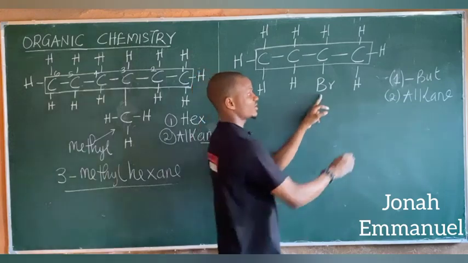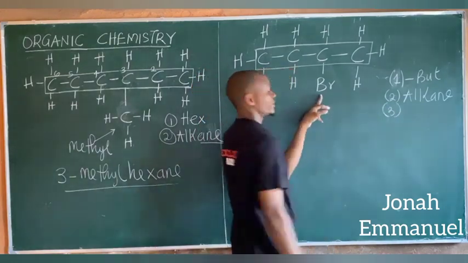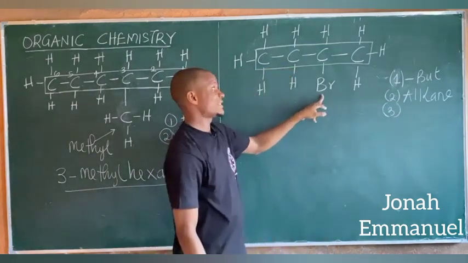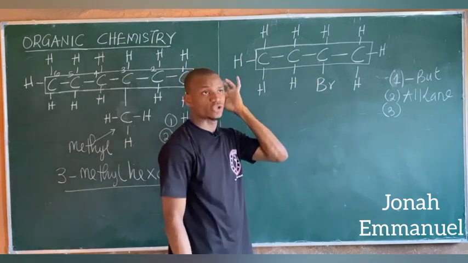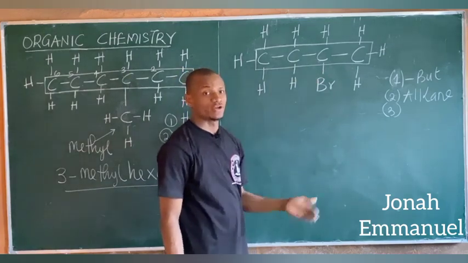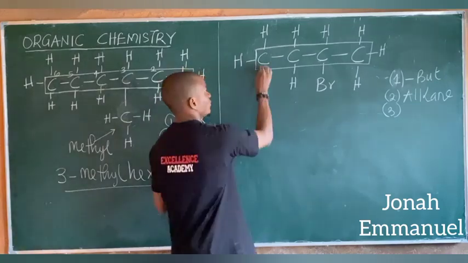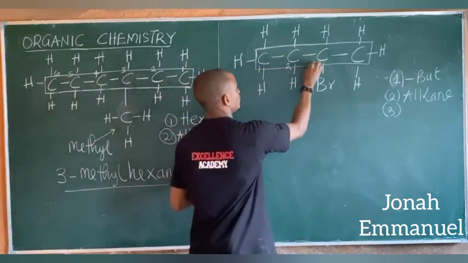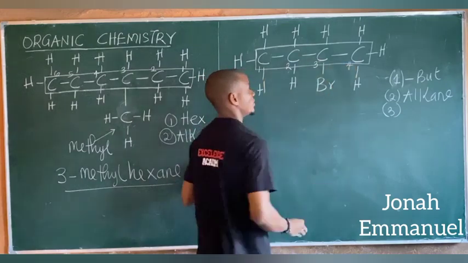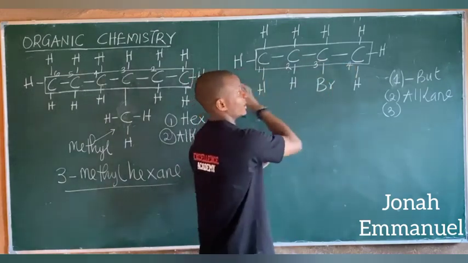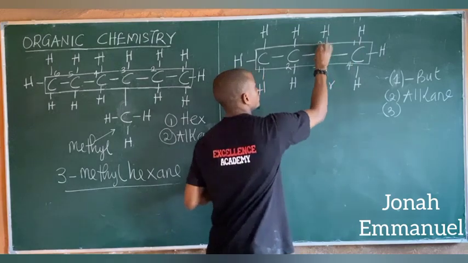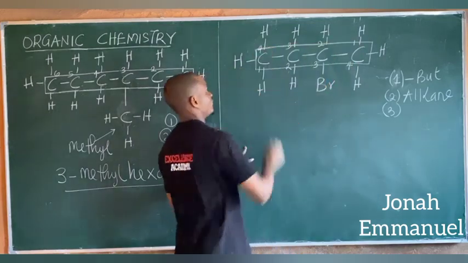Number 3, I can see something here, which is bromine, a halogen. Bromine is attached to this carbon here, so I'll use rule 3. That means I'll put in the numbering, lower numbering and upper numbering. If I do lower numbering, I'm having 1, 2, 3, and 4. If I do upper numbering from right to left, I have 1, 2, 3, and 4.